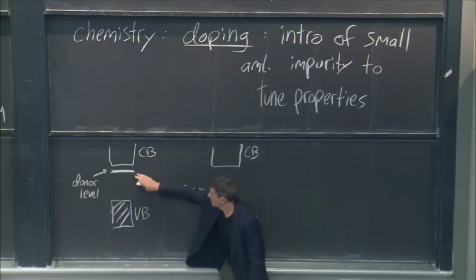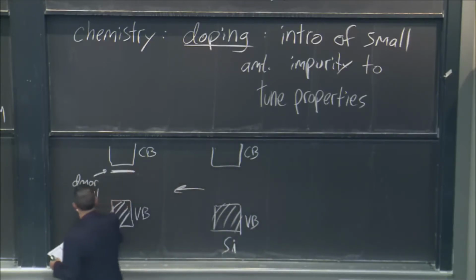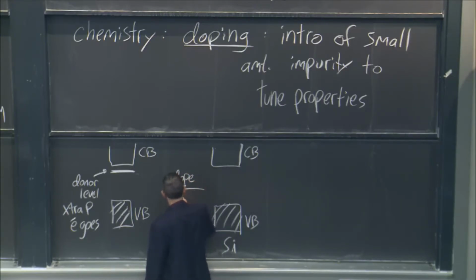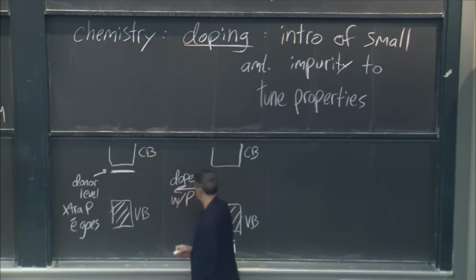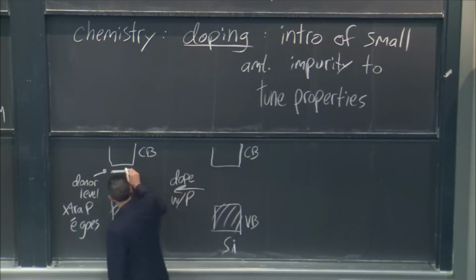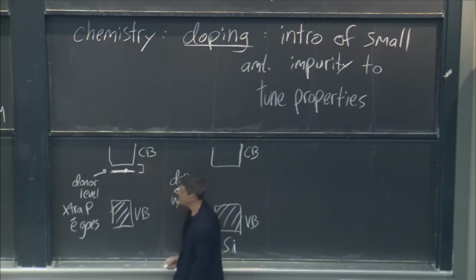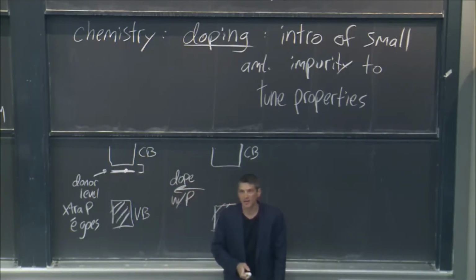That level is where the extra P electron goes. It can't go in here, remember, this is all filled, right? So now I've doped with P. And, oh, but look, if I've got an electron here, now this difference in energy is really small.